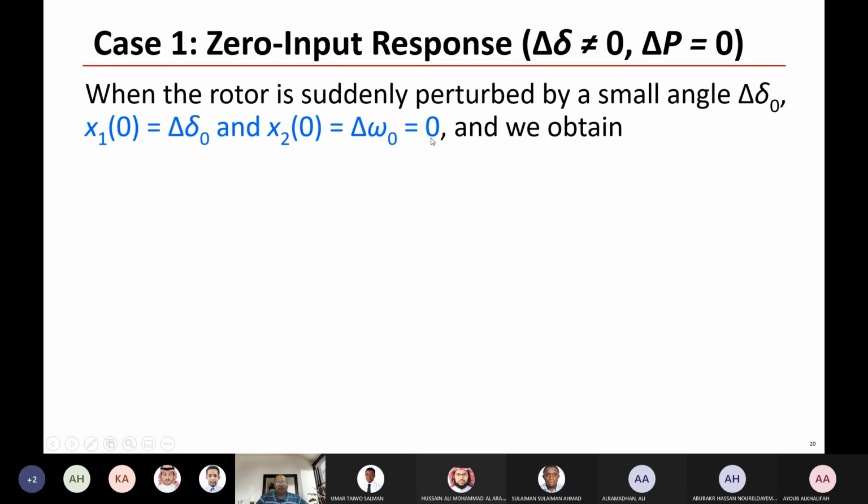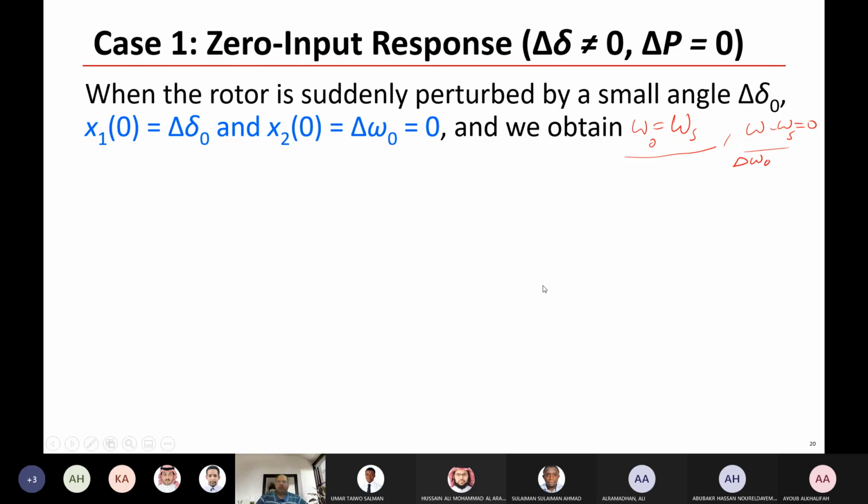Usually the machine at the steady state operating condition operates at synchronous speed, omega s. Omega 0 equal to omega s. So the deviation in omega is 0. So omega minus omega s equal to 0. This is delta omega equal to 0, delta omega 0.